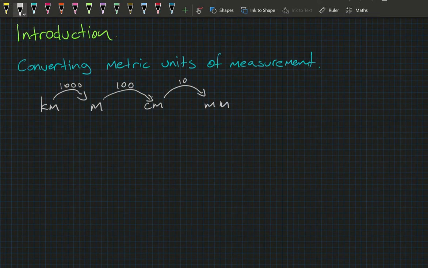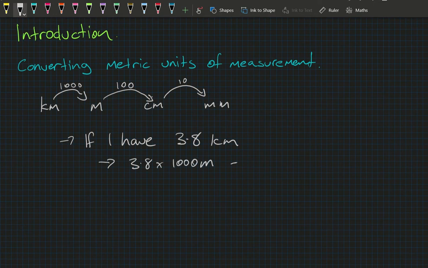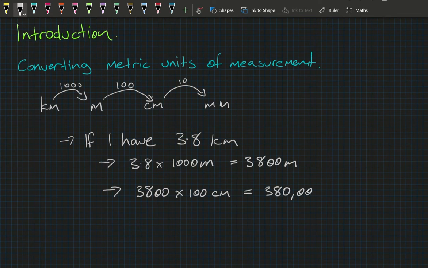So this means that if I, for example, had 3.8 kilometres, then I have 3.8 times 1,000 metres, which is 3,800 metres. And that's just by substituting in the 1,000 metres for each kilometre. And we can continue this down through all of our metric units. So we can substitute in 100 centimetres for each metre, which now gives us 3,800 times 100 centimetres, which is 380,000 centimetres.